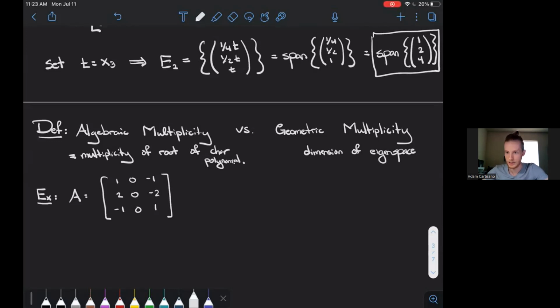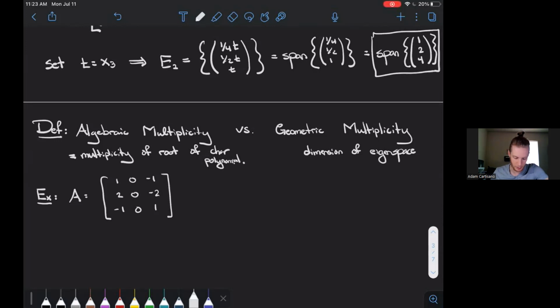In the previous example, they didn't match. Notice for lambda equals 1, it had algebraic multiplicity 2, but geometric multiplicity 1. Now we're going to do an example where the multiplicities all line up.